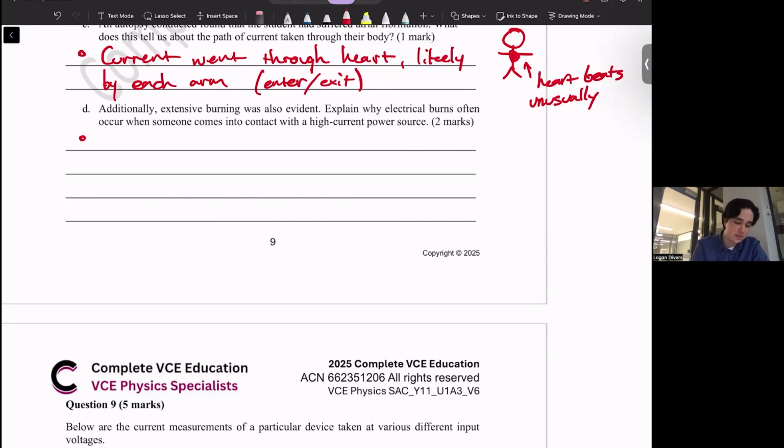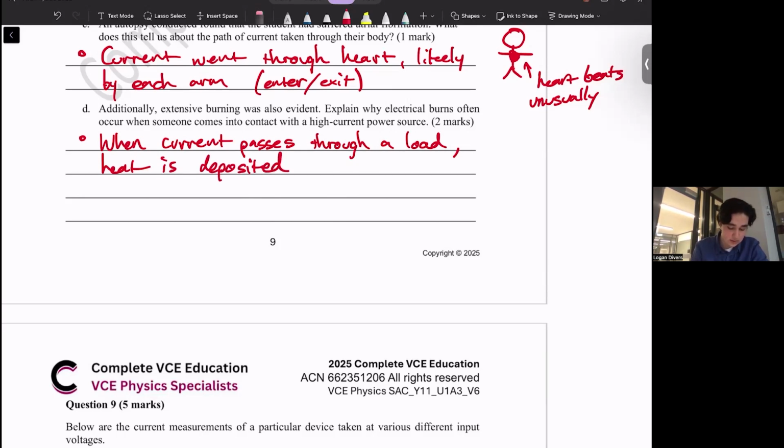So we'll first make a statement saying that when current passes through a load, heat is deposited accordingly to the resistance of the load.